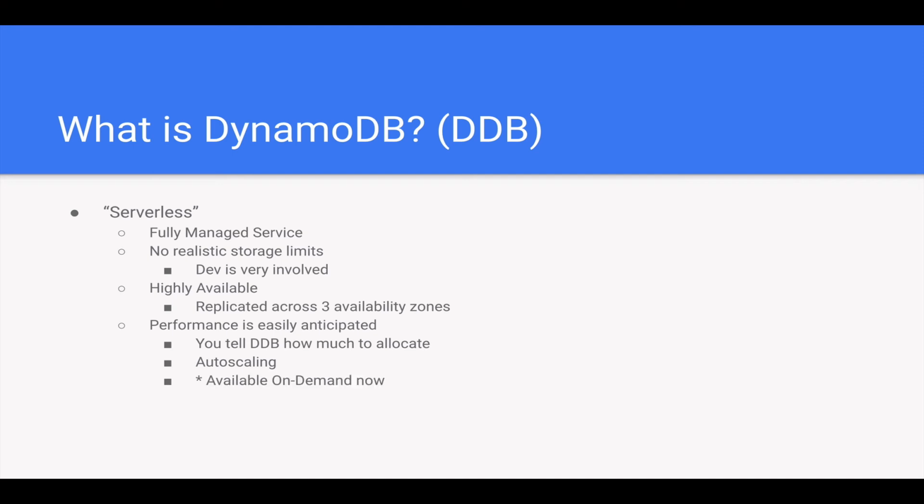But there is a really neat feature that you can have on demand capacity now. You used to not be able to. You used to always have to tell Dynamo that I have this many write capacity units and this many read capacity units. But now you can actually just say, give me all of them when I need them, and just charge me extra for that.